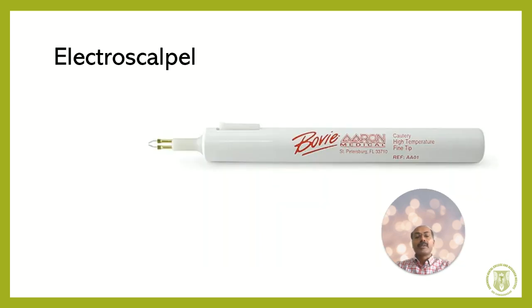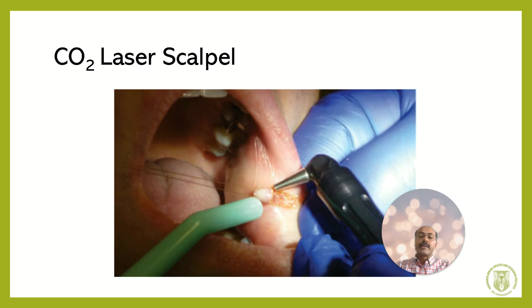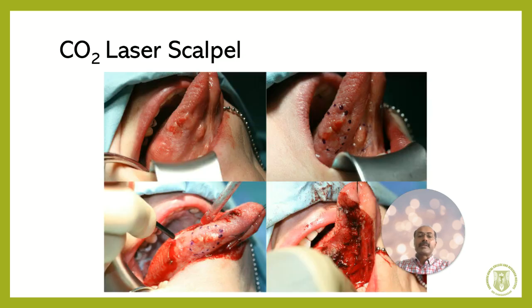An electroscalpel is one in which a cautery equipment with a handpiece is given, and with this use of the electroscalpel, electrocautery is done. A carbon dioxide laser scalpel is also similar to what electroscalpel surgeries are, and is definitely easier compared to the normal scalpel biopsies.